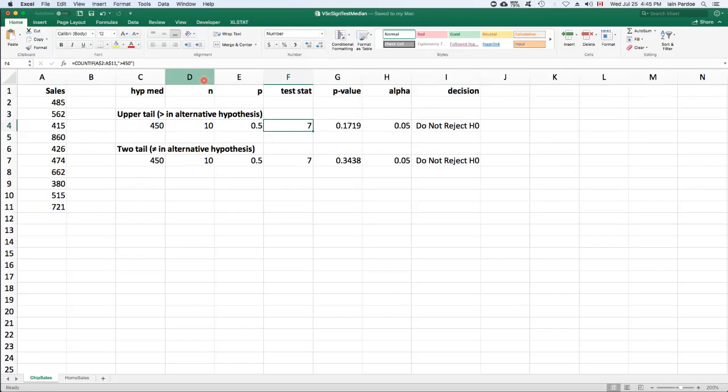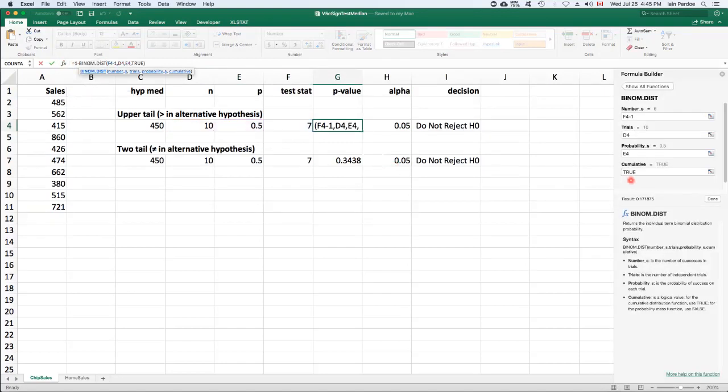To calculate that, we can use the BINOM.DIST function, and we can check what the arguments are for this function using the formula builder over here. Remember, when we looked at the binomial distribution before, the first argument is the number of successes. So that's the test statistic here.